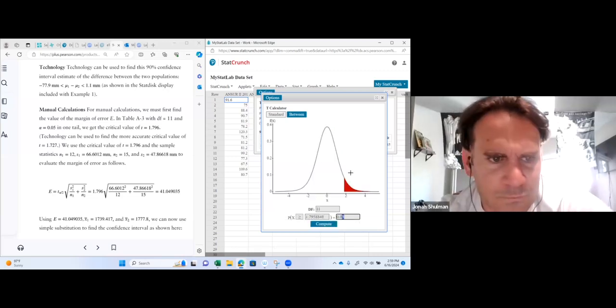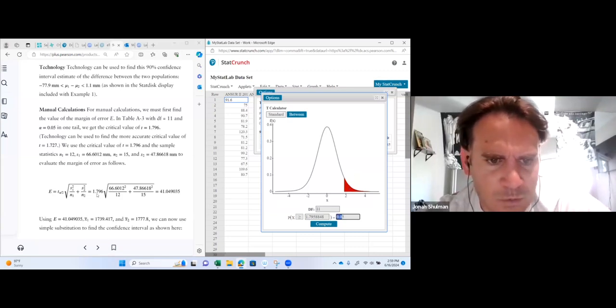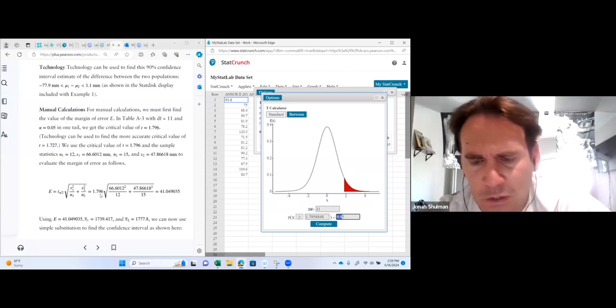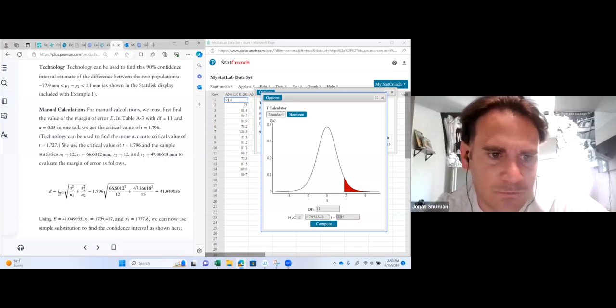Here it is: degrees of freedom, one tail, other direction. That's how you get that 1.796. So it is the critical value of the t. You can't just use the t statistic. This t of alpha over 2 is your critical value of your t.